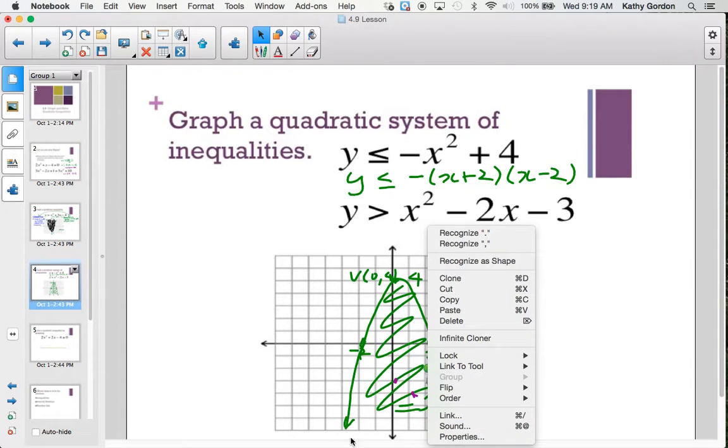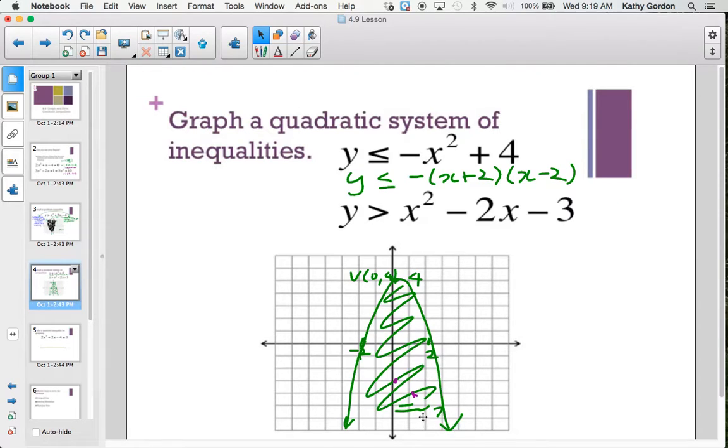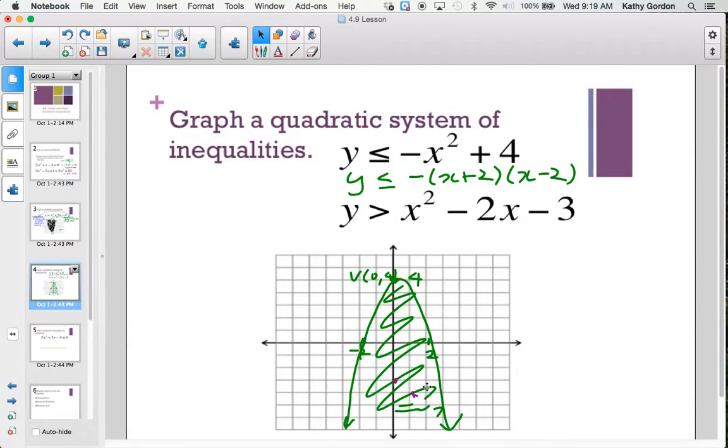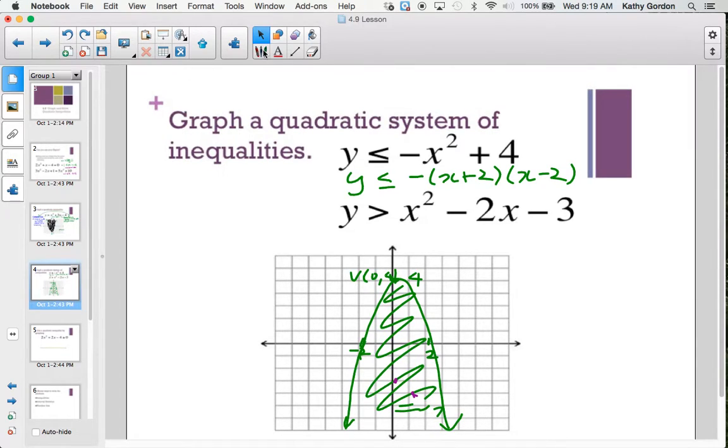I do this all the time too, because when you're trying to do a little dot, it thinks you're trying to do something else. There you go.